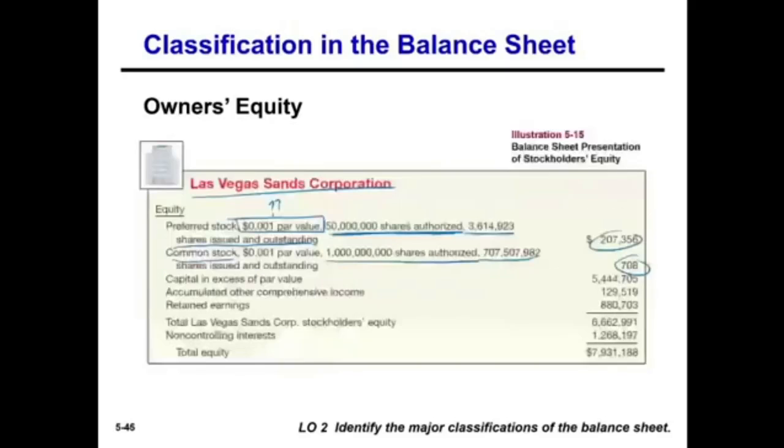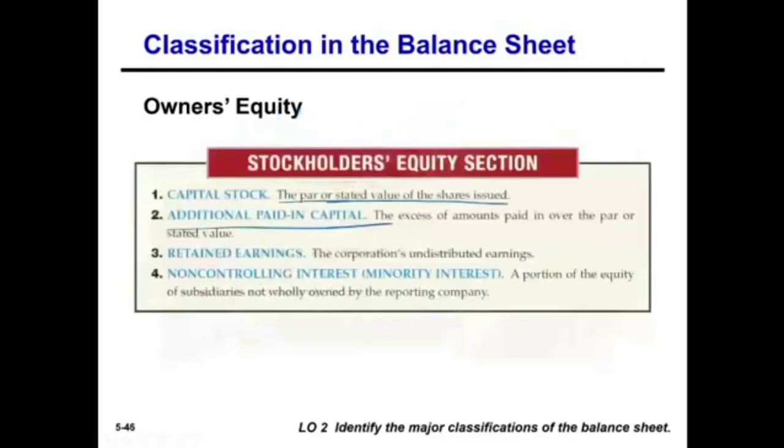Additional paid-in capital is what the investors put into the company. So those accounts here, preferred stock, common stock, and paid-in capital, are called capital contribution. And capital contribution is what the investors invested in the company. So those three accounts show that.